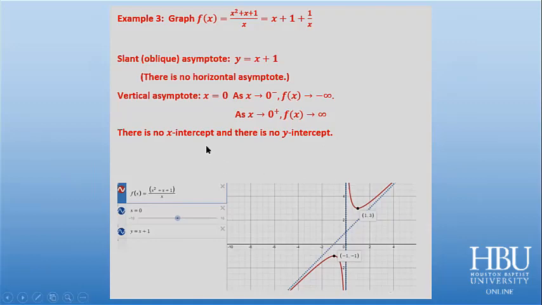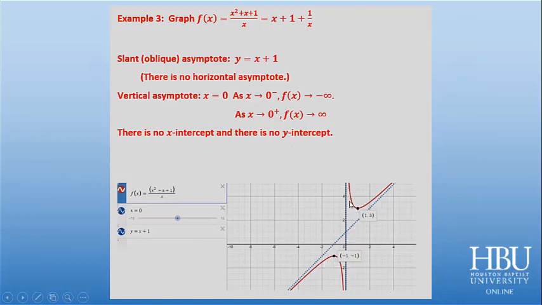There's no x-intercept because there are no real zeros of this numerator. There is no y-intercept. X can never be 0 for this function. So the red branches of the graph that you see here would be the graph of f of x. This is the point 1, 3, and the point -1, -1 on these two branches.